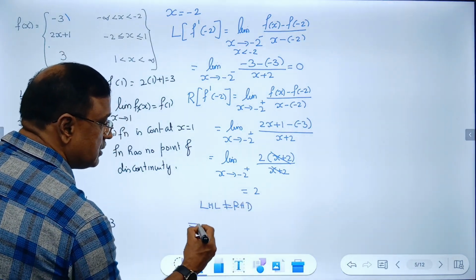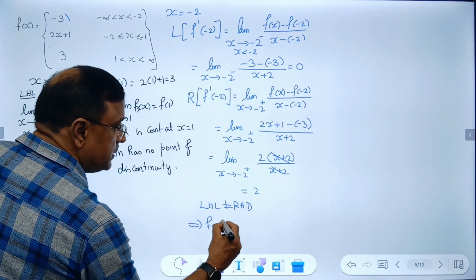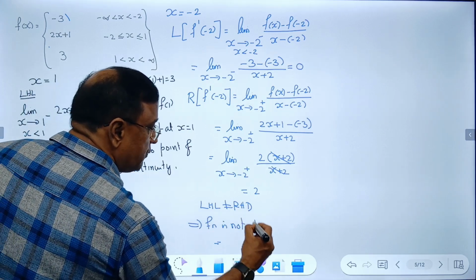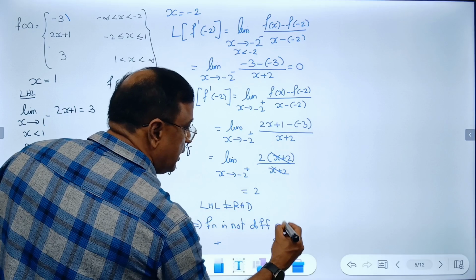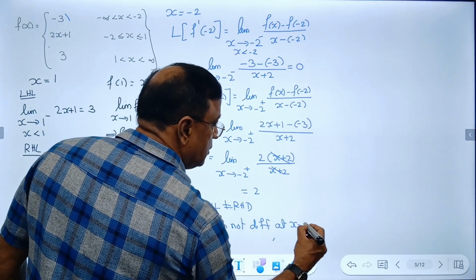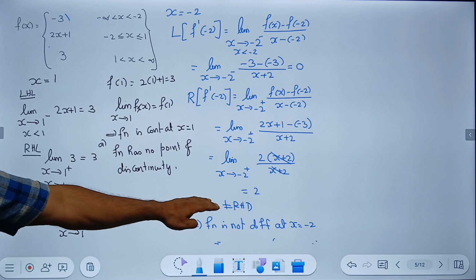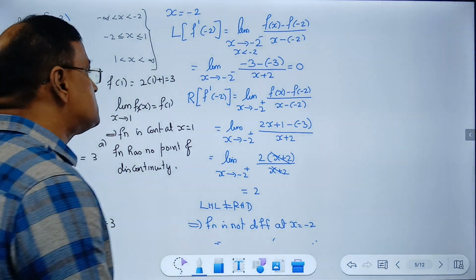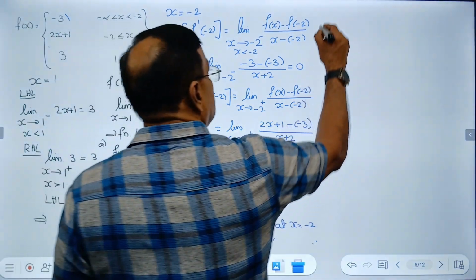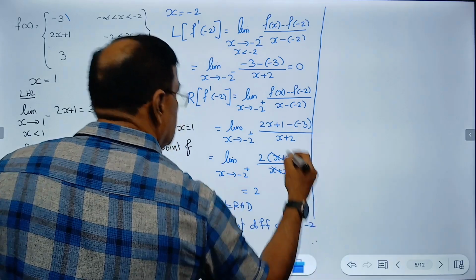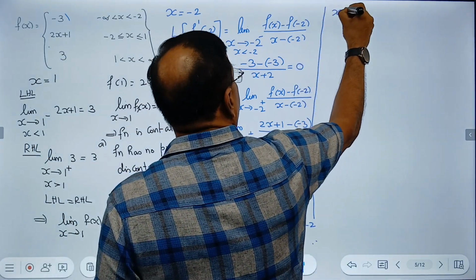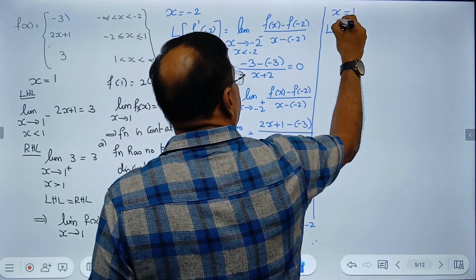This implies the function is not differentiable at x is equal to -2. It was continuous, but it is not differentiable. Now let's go to the next part. At x is equal to 1. Let's look at x is equal to 1. At x is equal to 1, what is my left hand derivative?